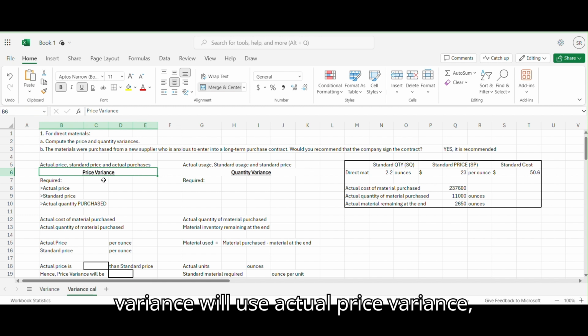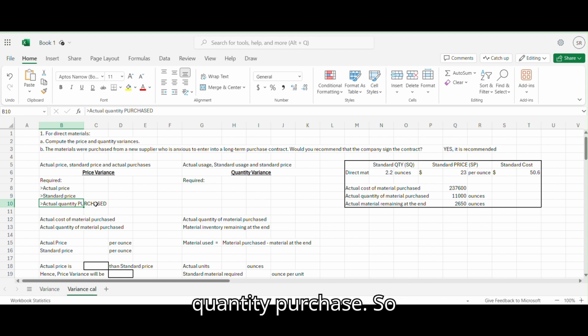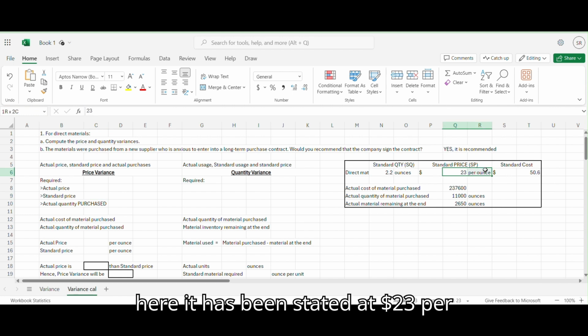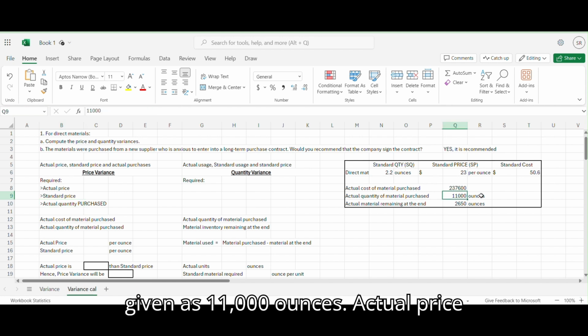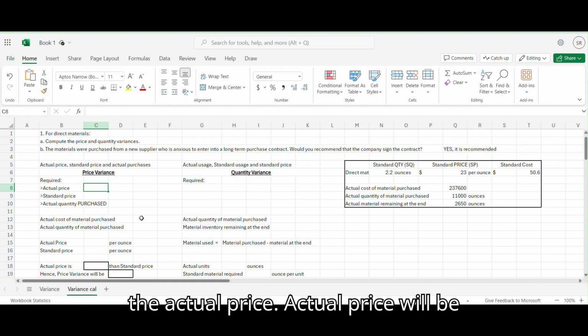As stated, price variance will use actual price, standard price, and the actual quantity purchased. So standard price is known. Here it has been stated at $23 per ounce. Actual quantity purchased is also given as 11,000 ounces. Actual price is not known. So first we will calculate the actual price.